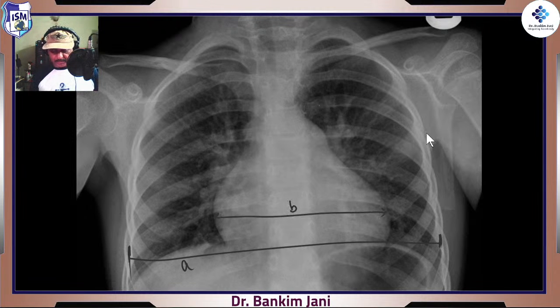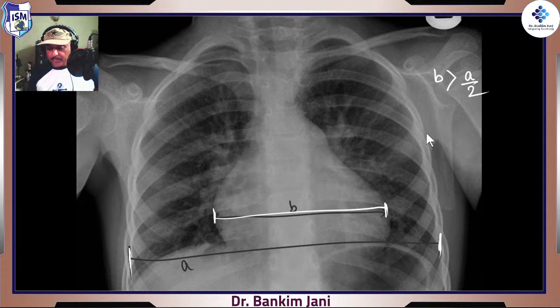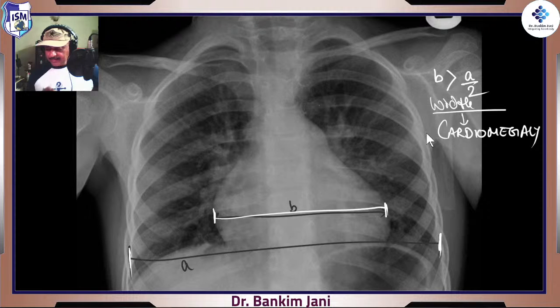Let's say this is B. Immediately you will say that B is definitely more than half of A, correct? If we measure that entire A from this point to this point, and this B from here to here, we definitely know that B is more. It means that the width is more. This is nothing but cardiomegaly. So the heart is enlarged.